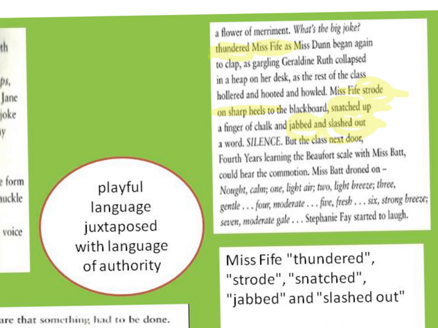However, juxtaposed against that, we have more of our Beano language, our hollered, our hooted, and our howled. So this stands no chance. The teachers are reasonably successful here at stifling and controlling, but obviously that success is very limited and does not last. As you can see, this bit ends here with "Stephanie Fay started to laugh."